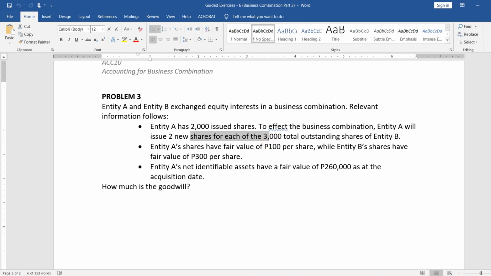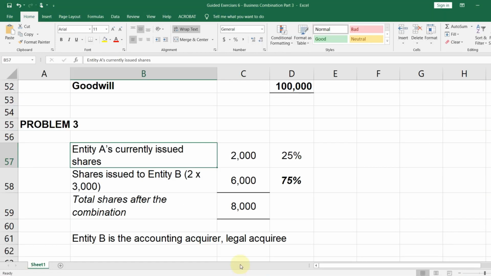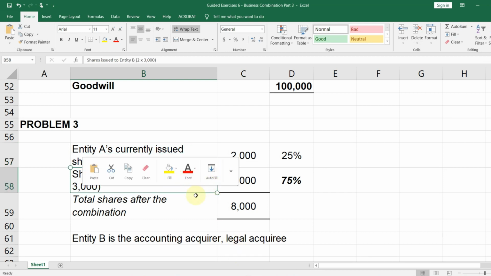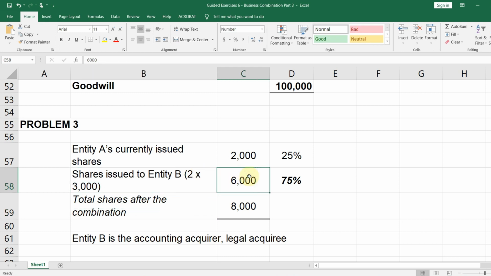So before the combination, entity B has 3,000 shares. For each outstanding share, A issues 2, so 2 times 3,000 is 6,000. You add them, you get 8,000.